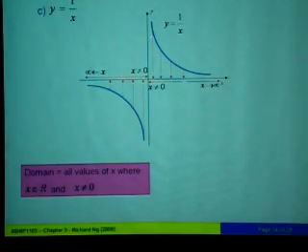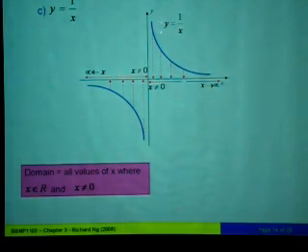Yeah, the domain will be any value of x until infinity, but it must not be equal to 0 because the curve does not touch the 0. We can actually check by substituting the value of x equals 0. If we substitute x is 0, we will get 1 over 0, and 1 over 0 is not a real number.